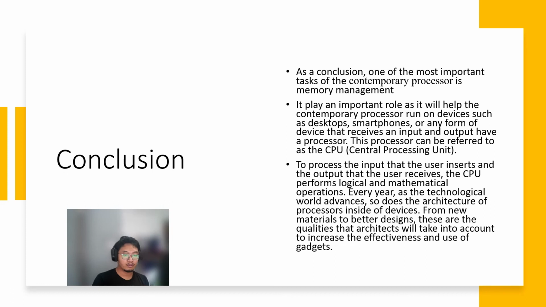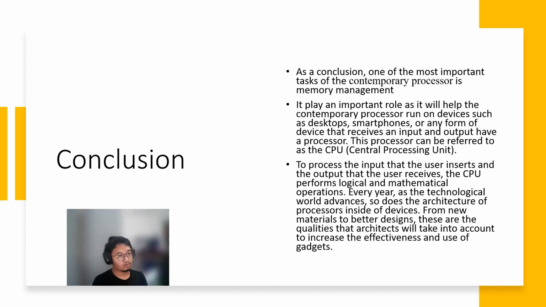So memory management on the contemporary processor plays a crucial part as processors nowadays are very advanced. From year to year, processor technology is very advanced, and memory management is taking the crucial part in it.